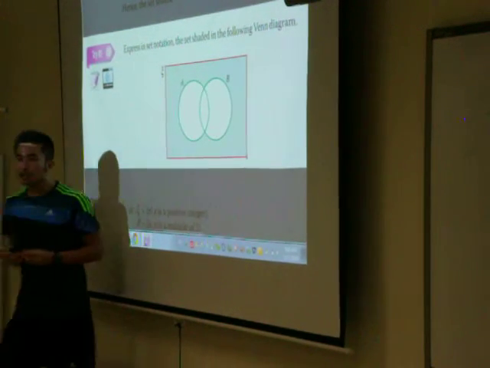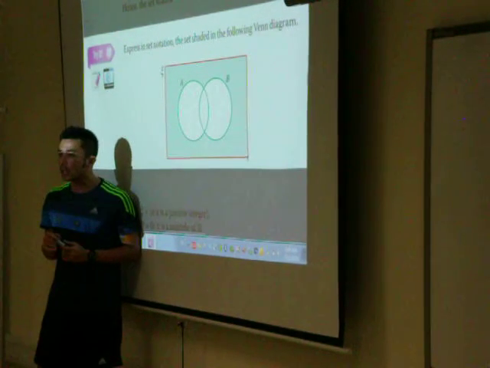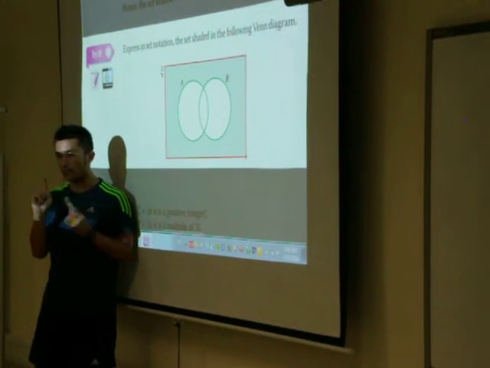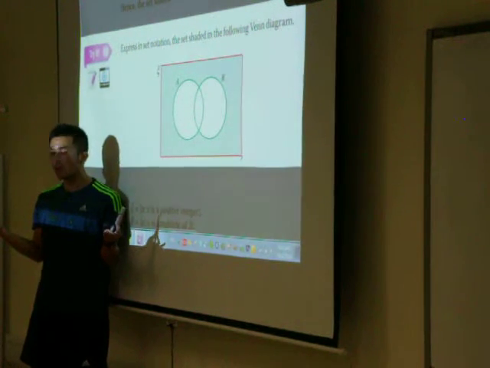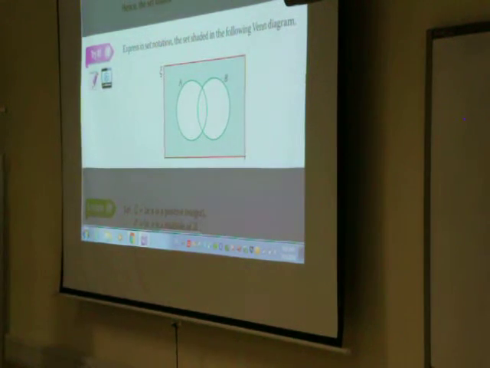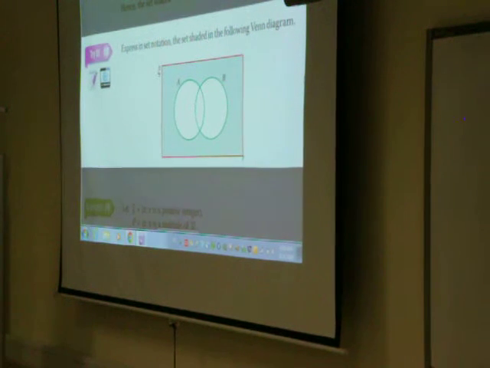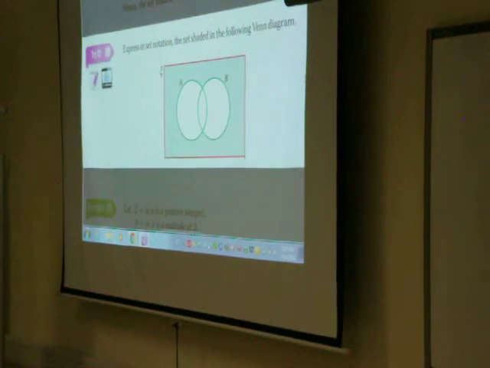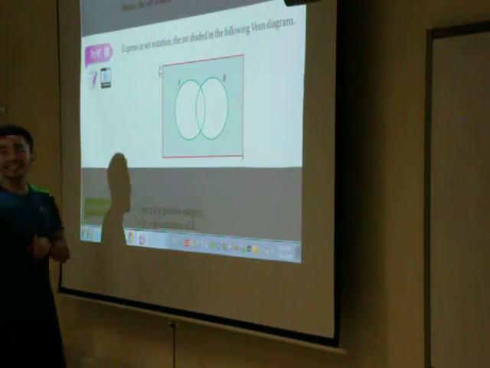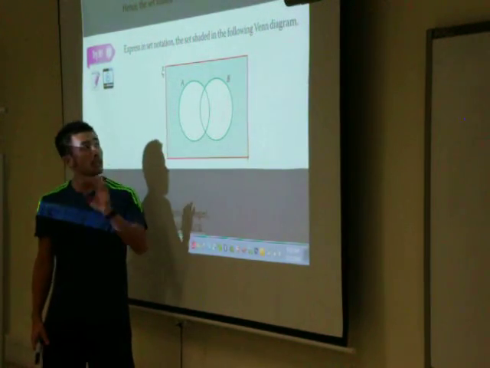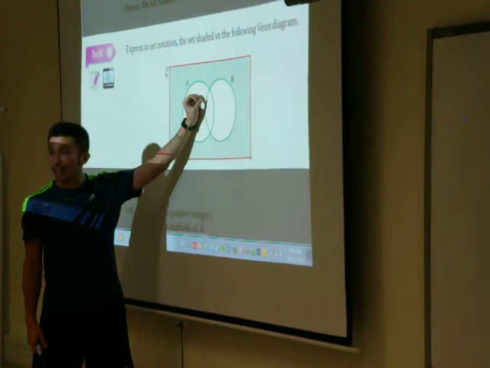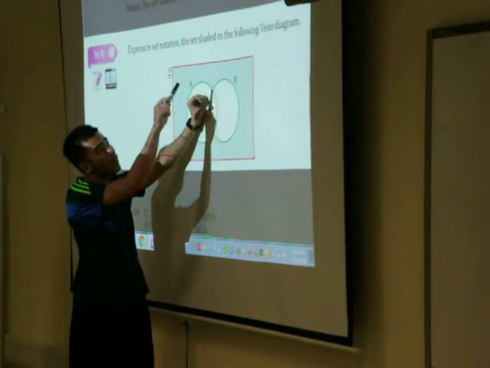The only decision you need to make now is, is it going to be intersect or union? Take a look. If it's intersect, it means common area. If it's union, it means buffet style, everything also one. So now, let's say it's union. It means everything outside A you must shade. Did we shade everything outside A?